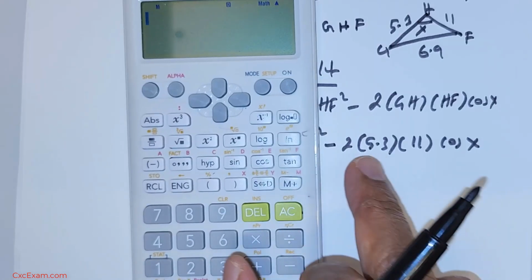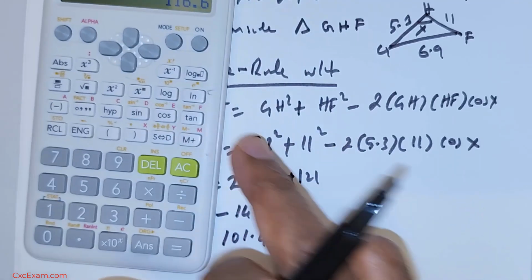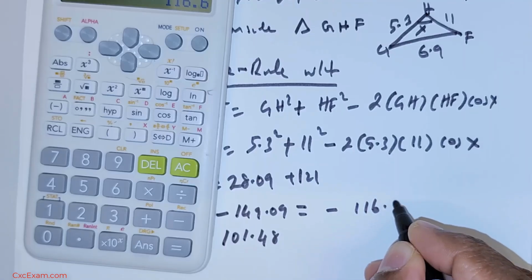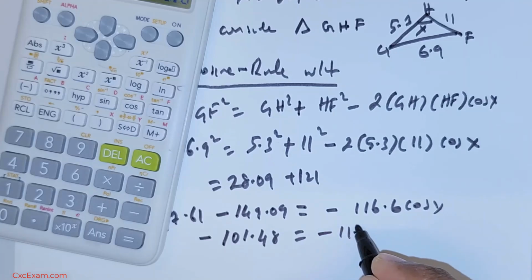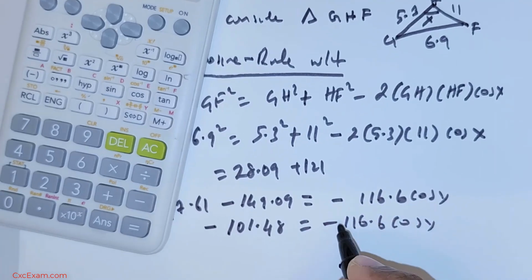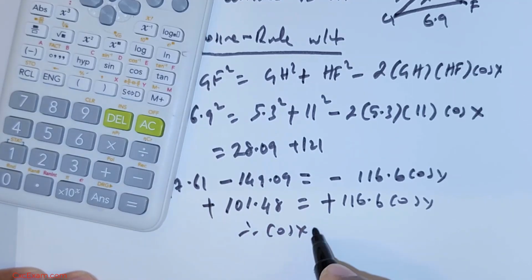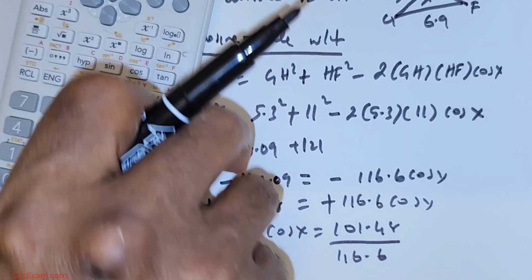So this is 2 into 11, 22 multiplied with 5.3, that's negative 116.6 times cos x. Negative negative cancels. So therefore cos x is equal to 101.48 divided by 116.6.